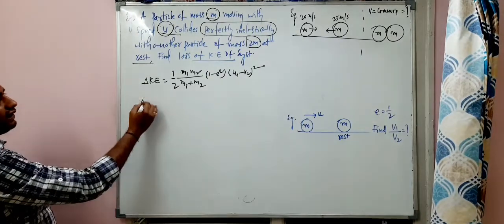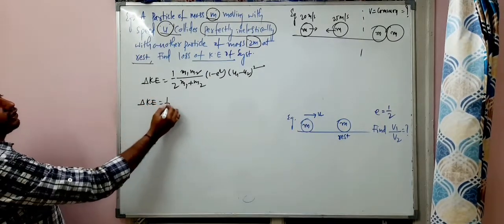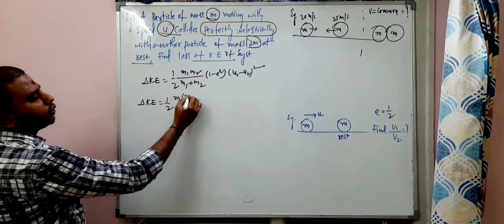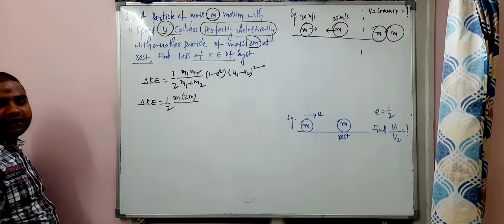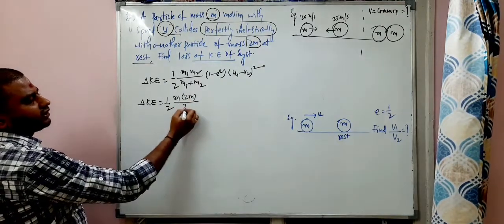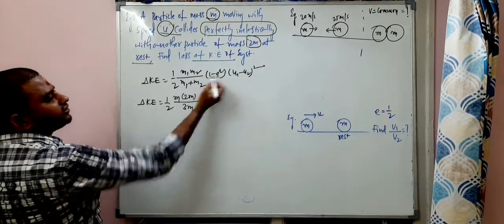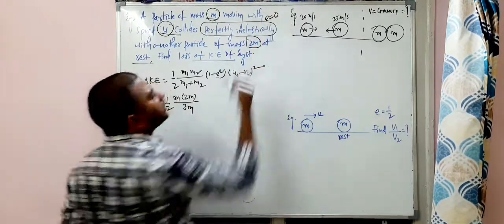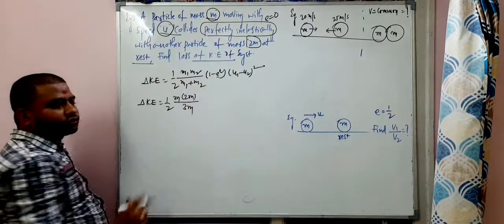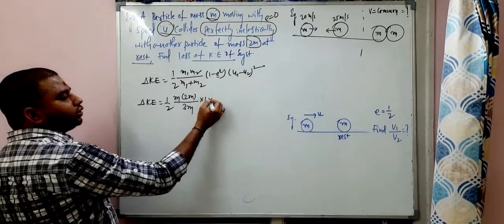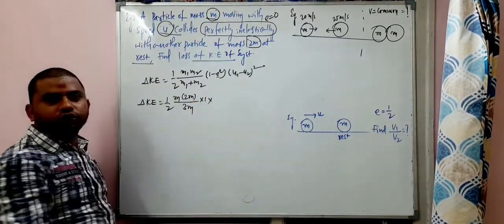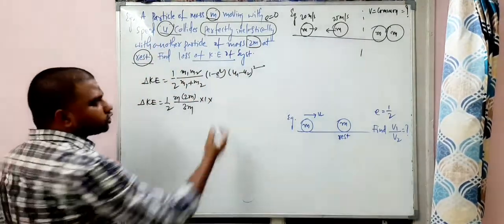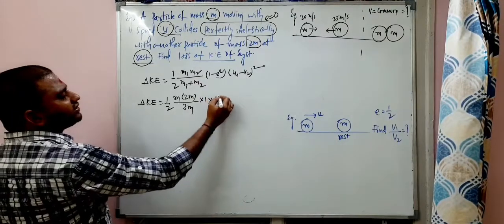In this case, loss in kinetic energy is half into m1, which is m, m2 which is 2m, divided by m plus 2m, which is 3m, into e, which becomes 0 because in a perfectly inelastic collision e is 0, and 1 minus 0 is 1, into u1 minus u2. The second body is at rest, as given, so u1 is u, and it is just u square.